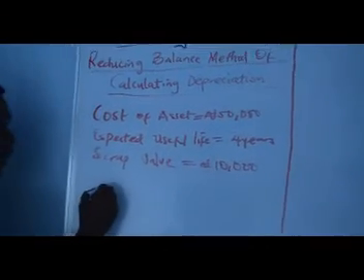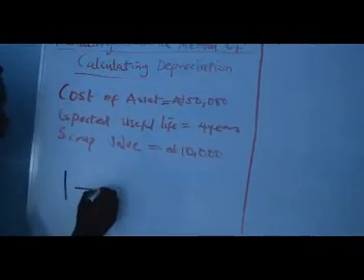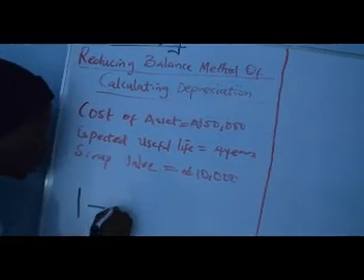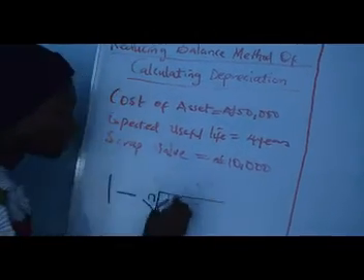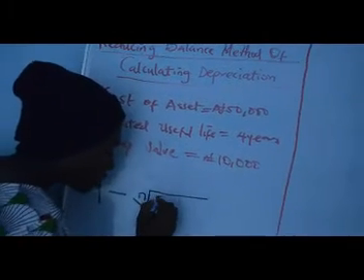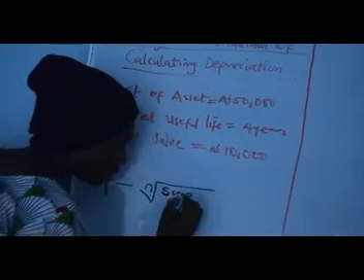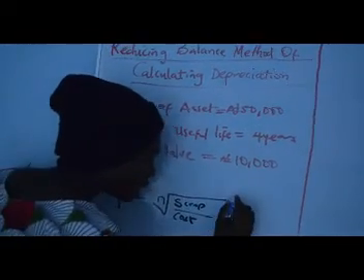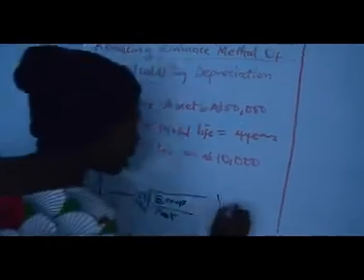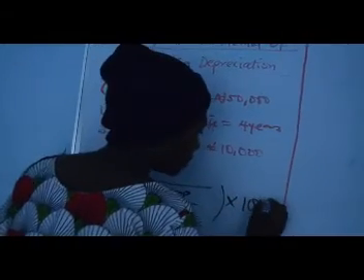The formula used is 1 minus the nth root of your scrap value divided by your cost of assets, times 100%.